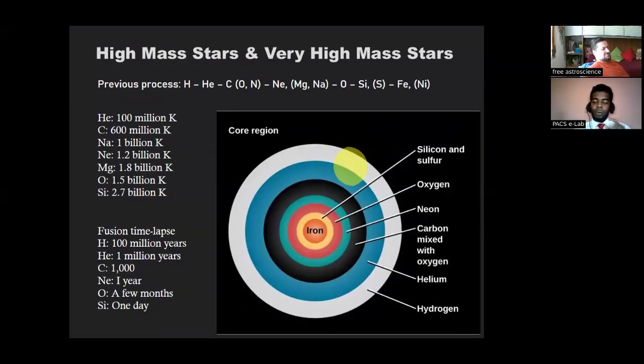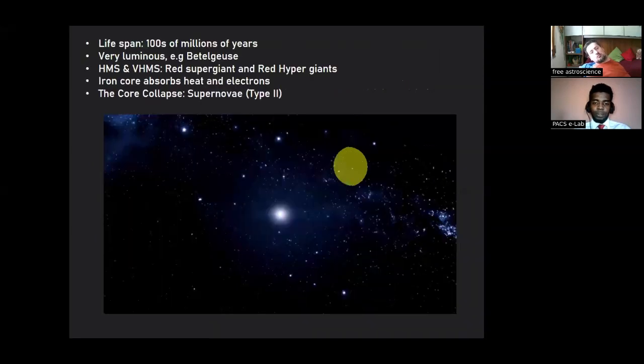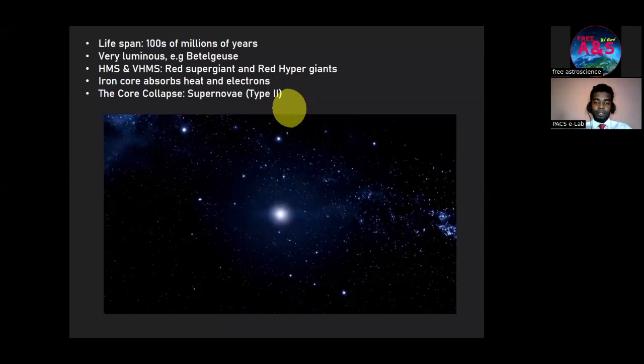All right, so when silicon begins to fuse to synthesize iron, like I said before, iron will begin to absorb the available heat and the electrons around. I've mentioned this before: the lifespan of all these high mass stars is in the hundreds of millions of years.